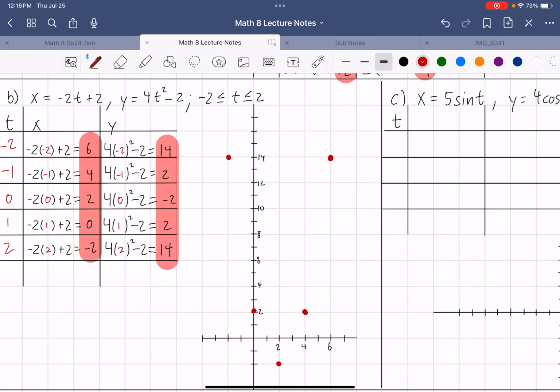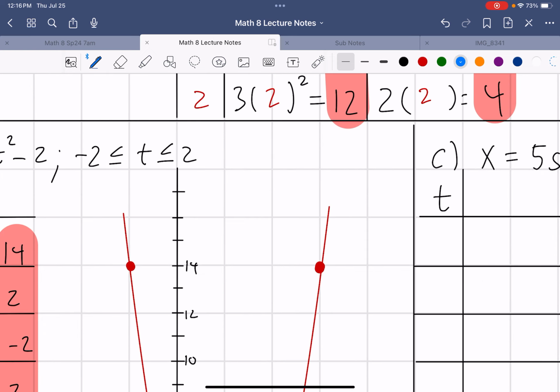And if you notice, this is going to have a similar shape to our previous one. But now this is a parabola pointing upward. So that does change things a bit. Once again, when did we get a graph this way?